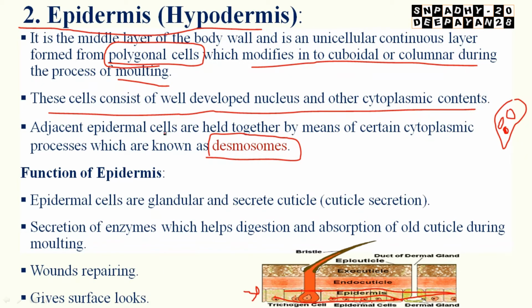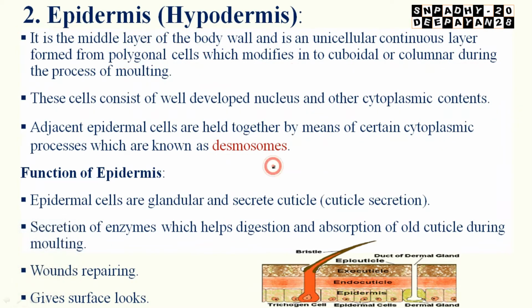The epidermal cells are held together by certain cytoplasmic processes in between these cells, and these processes are known as what? Desmosomes. It might come as a short question. Adjacent epidermal cells are held together. They are connected with each other by some cytoplasmic processes, which are called what? Desmosomes.